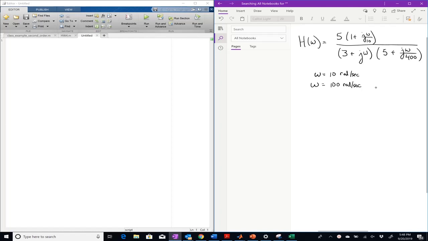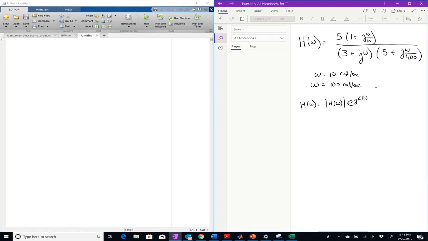Okay, so I keep saying you can do that pretty easily in MATLAB, and you can if you basically take the viewpoint that H of omega is a complex number, and so at any given frequency omega, it has a magnitude and an angle.